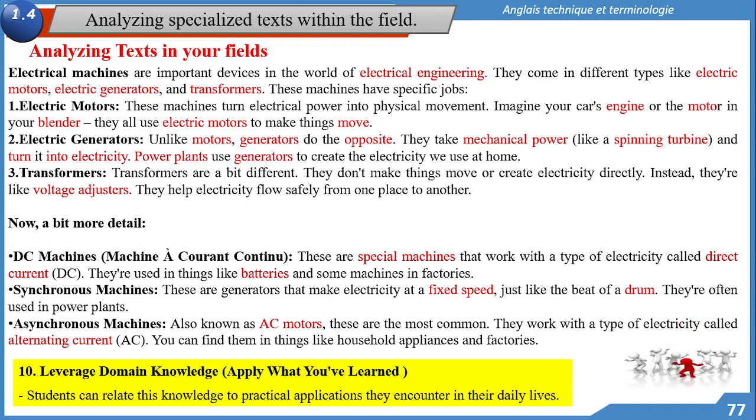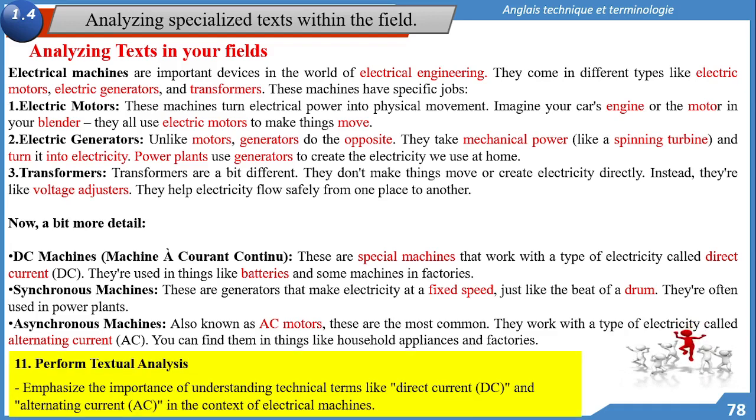So think about how this knowledge can be useful in your everyday experiences and situations. So analyze the text. Pay attention to technical terms such as direct current and alternating current to better grasp the content about electrical machines.